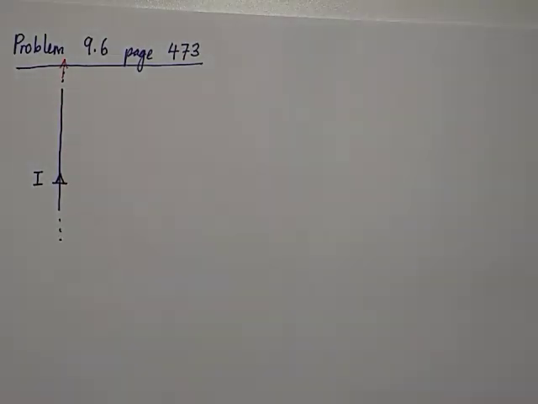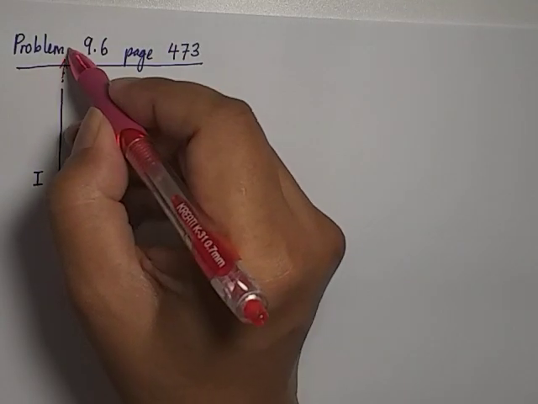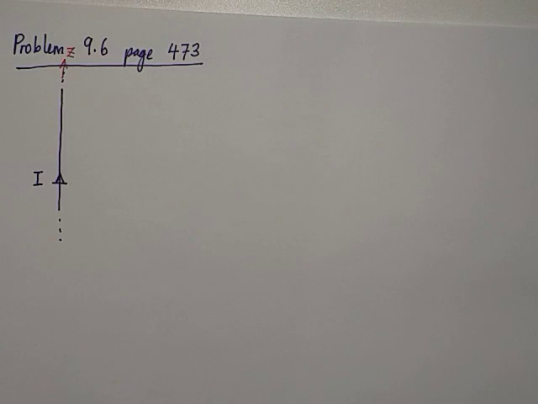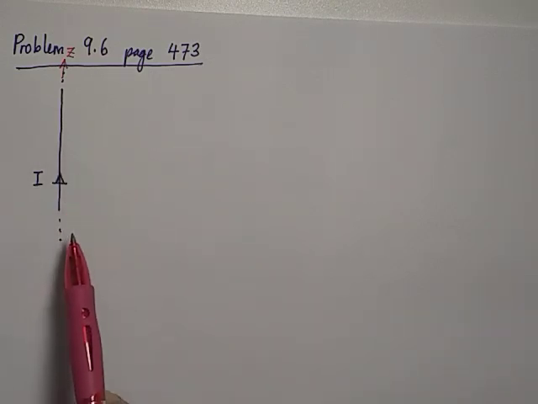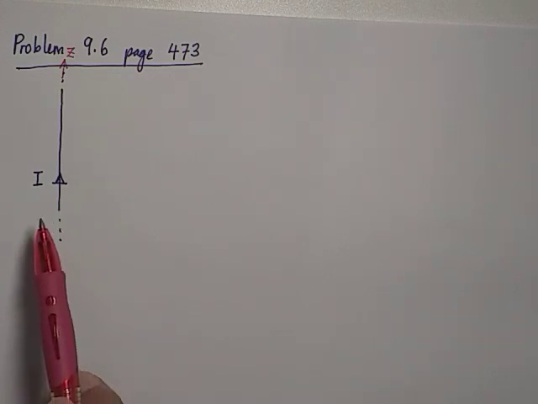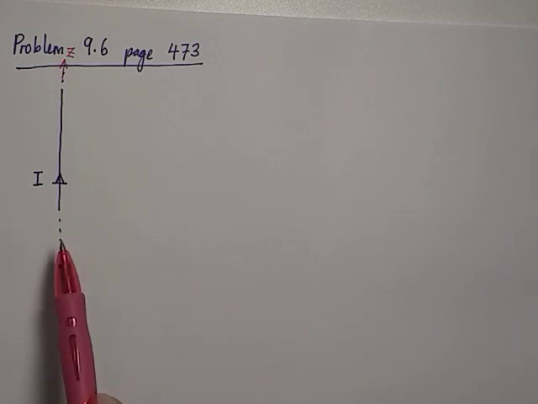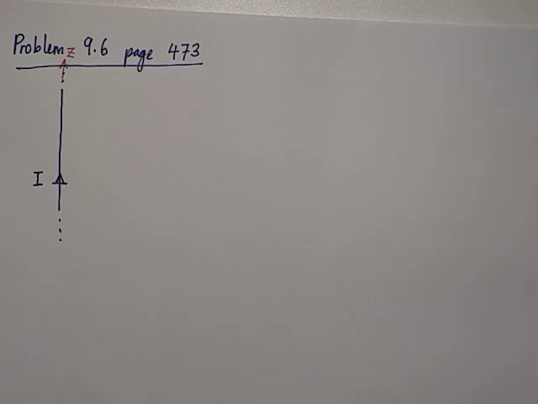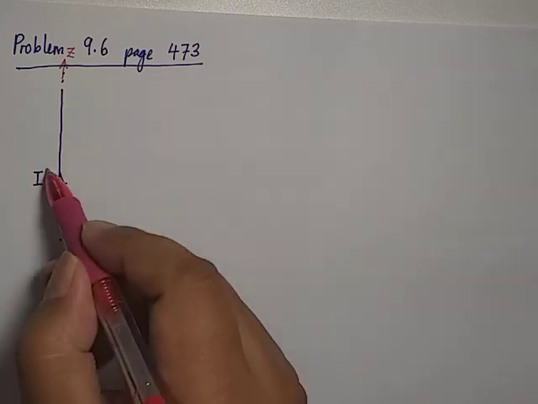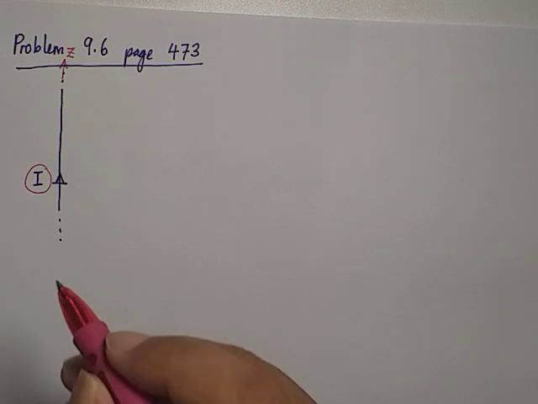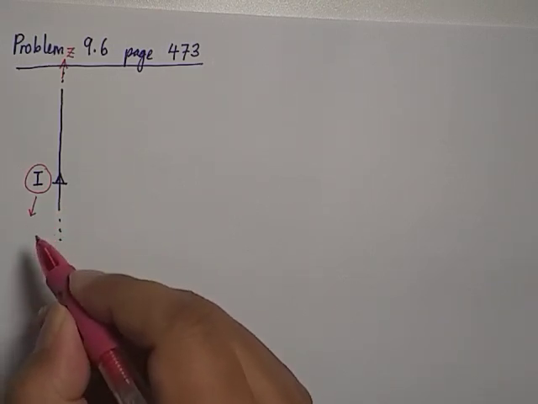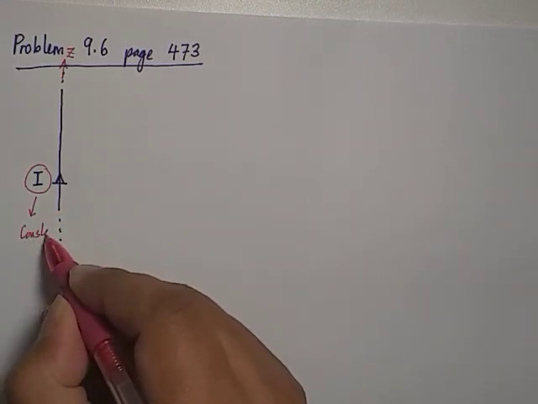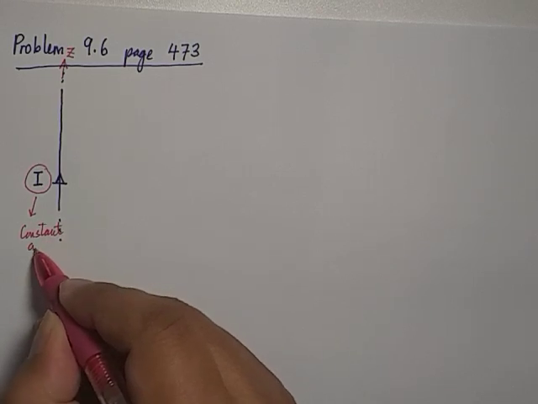The coordinate attached to this conductor is the z-axis. So you have a straight line conductor, infinitely long, carrying current I ampere in the positive z direction. What we can see from this problem is that the current is constant. So we conclude: constant current.